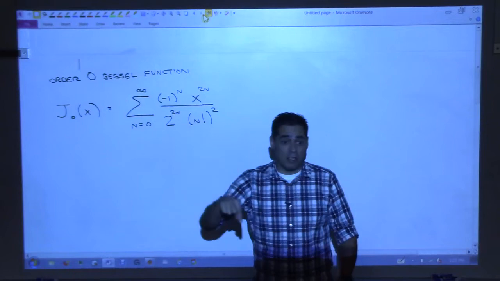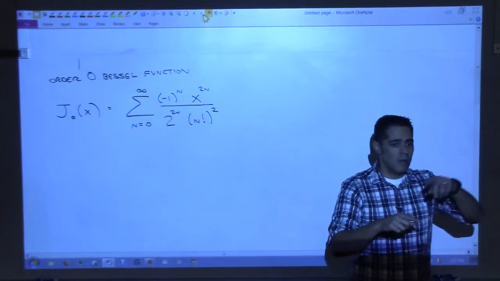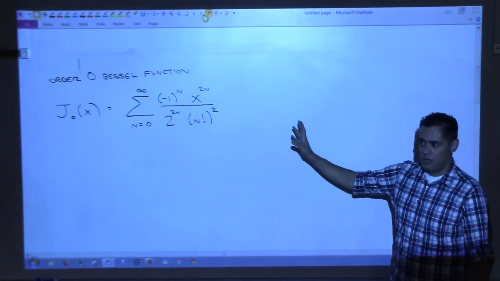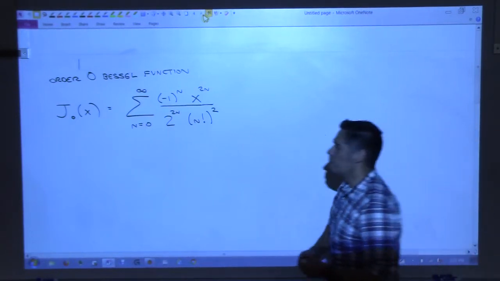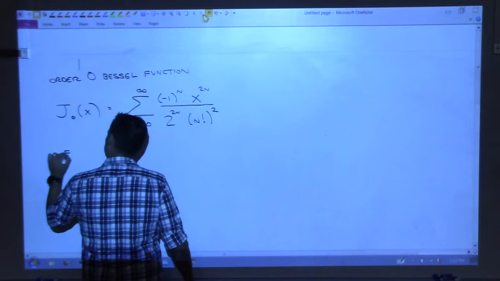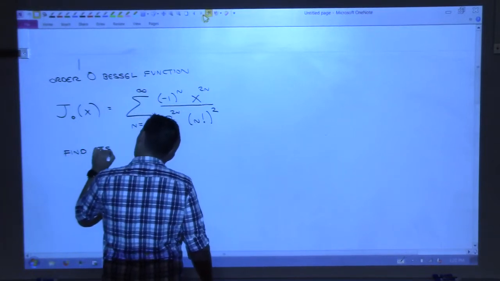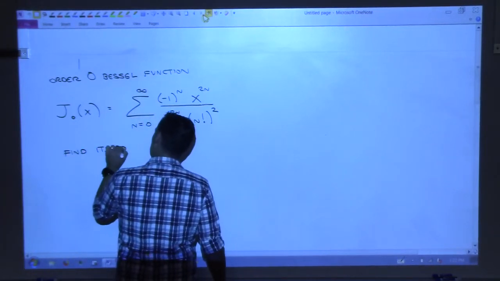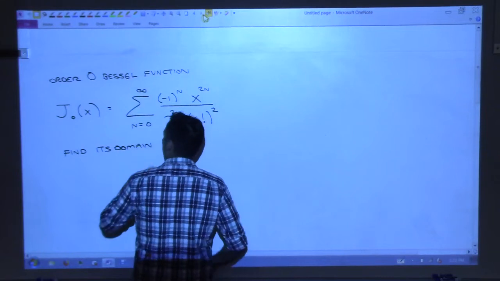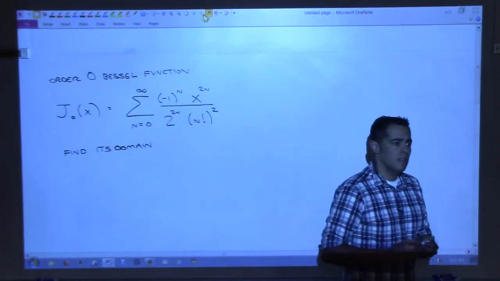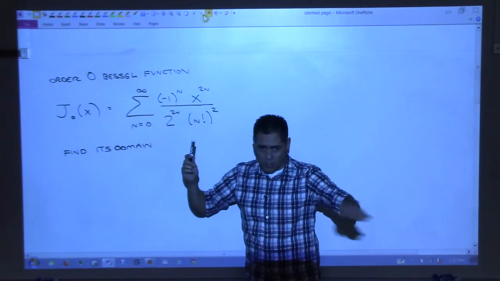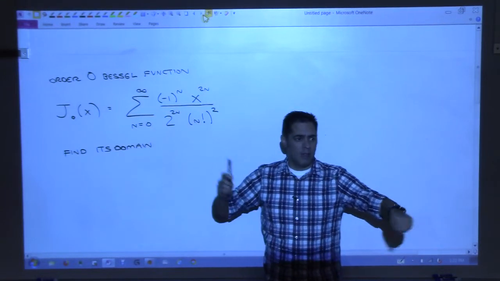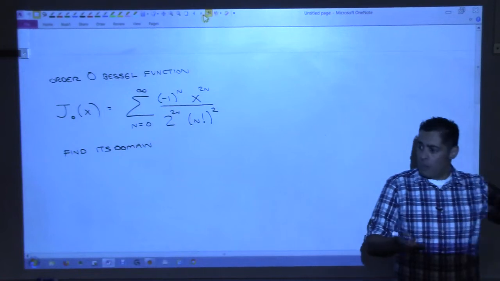This is a function, okay? Just like the function square root of x is a function. We want to know what the domain of it is. That's asking for what values of x will this sum converge to a number, right? So for what value of x will I have an output for the function?